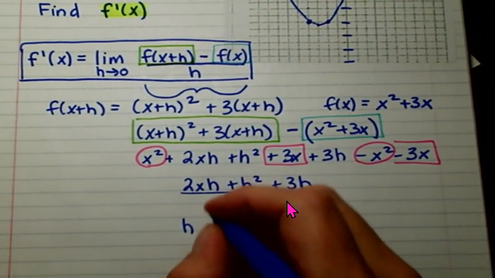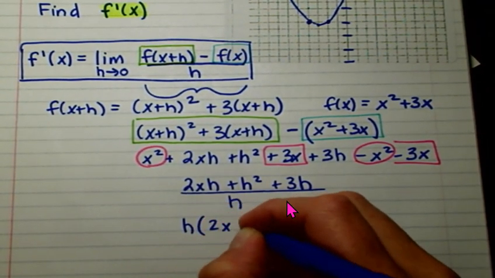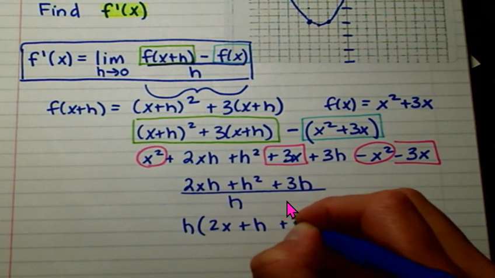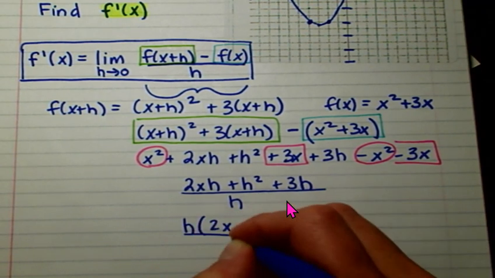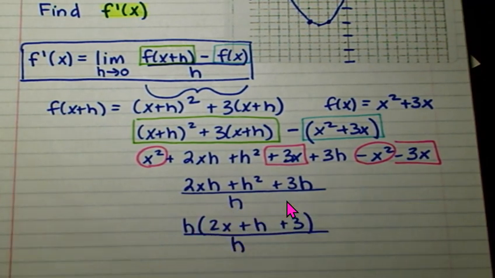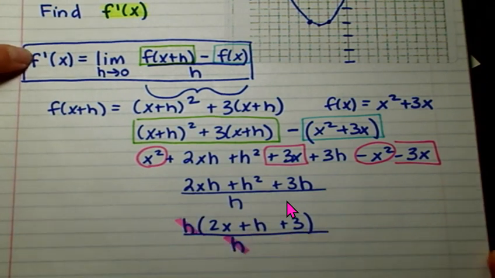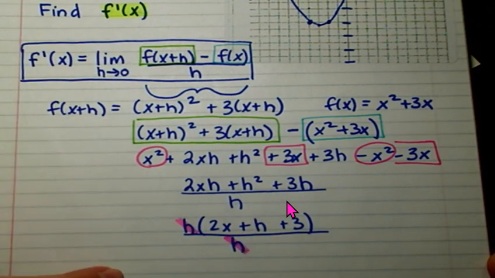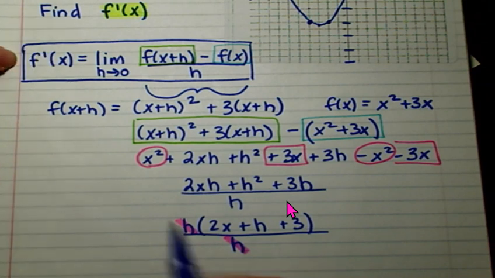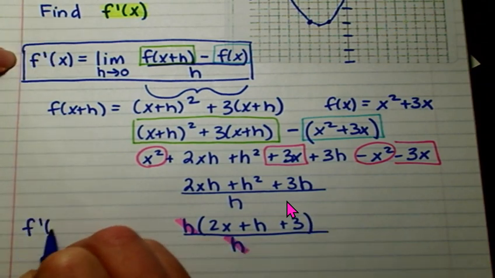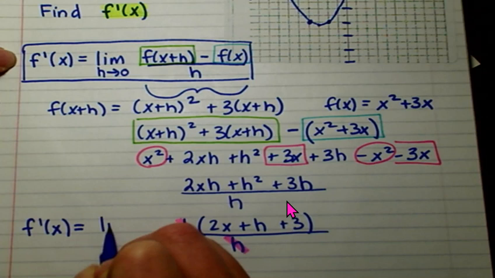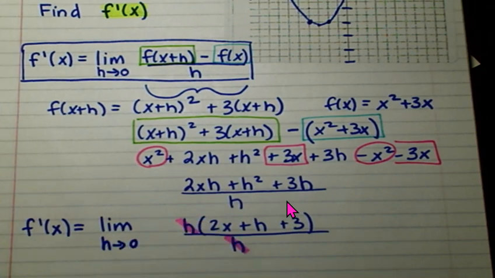Okay, factor out that h. Almost there. Now, notice that this was just me working on the difference quotient. So I do need to bring in this part here, f prime of x equals the limit as h approaches 0.